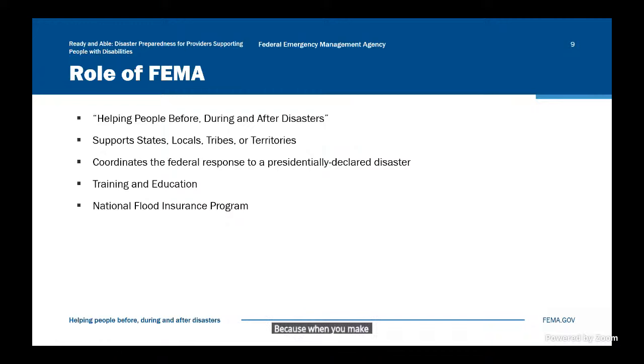So now I'll briefly talk about the role of FEMA. As our slogan is, helping people before, during, and after disasters. FEMA stands for Federal Emergency Management Agency. We follow the approach that disasters are locally managed, state-led, and federally supported.